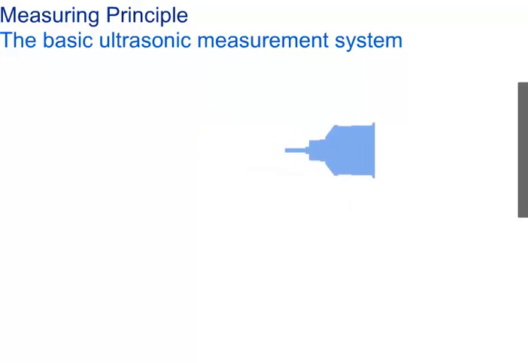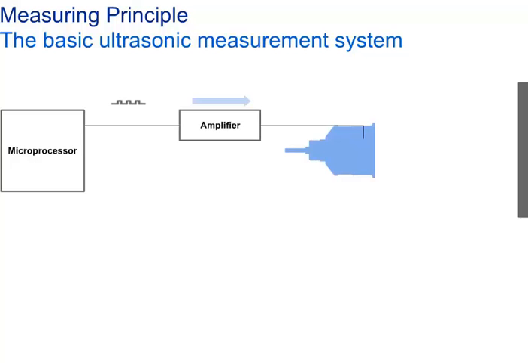On this slide, I want to go a bit deeper into how the ultrasonic instrument generates and measures the pulses. A microprocessor generates a pulse. This pulse is amplified to a large pulse. This electrical energy causes piezoelectric ceramic inside the transducer to vibrate, generating the sound.